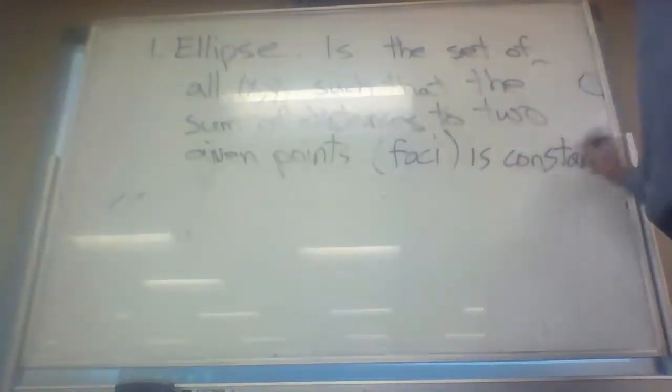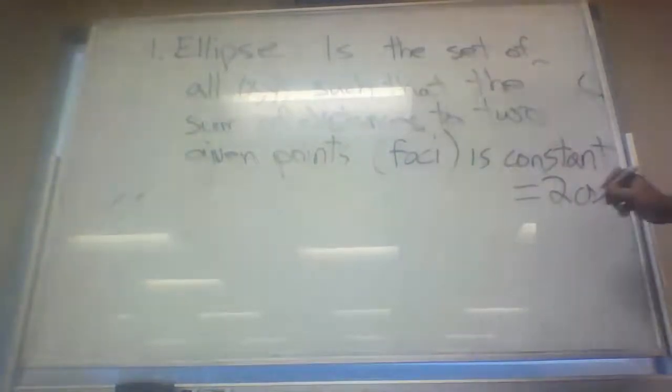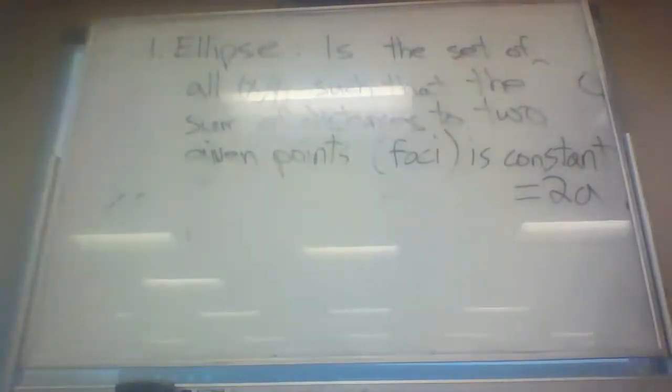Let's say it's some constant 2a. A is a positive number that you give me, since it's supposed to be a distance.